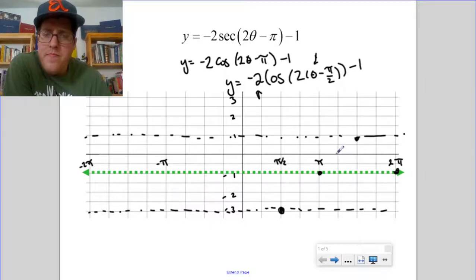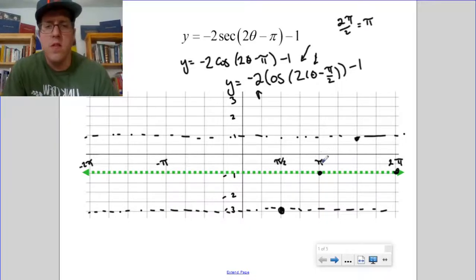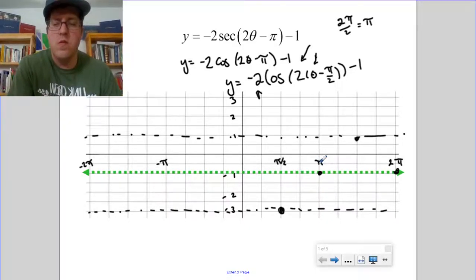See, this is where it gets complicated because there's a lot of stuff going on. The period is compressed. It's 2 pi over 2. So the period is pi, which means that these points are less spaced out.